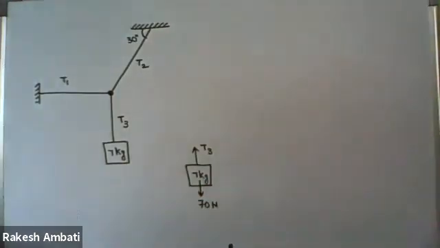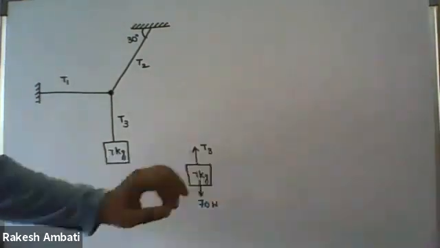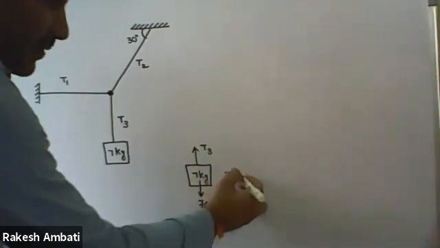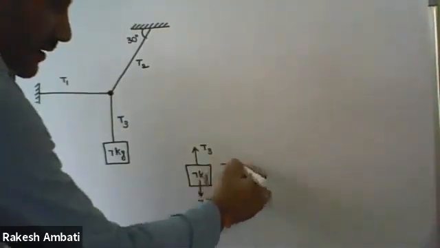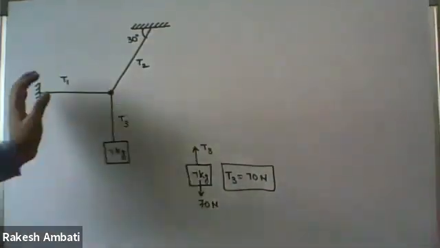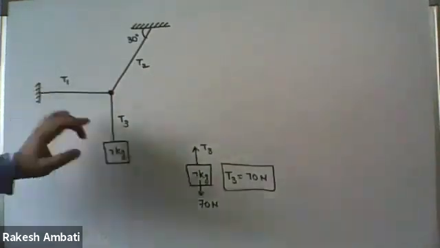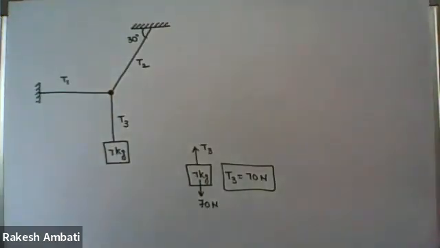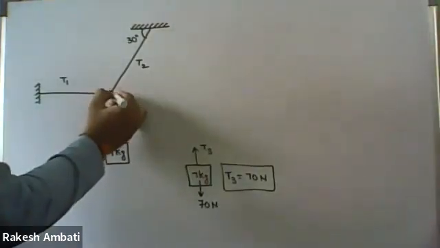You know how to find the weight: mg, mass into gravity value, with g as 10. So its weight is 70 newtons. The total system is at equilibrium, so the T3 value is equal to 70 newtons. It is a very simple one. Then after that, I'm taking this tied point.